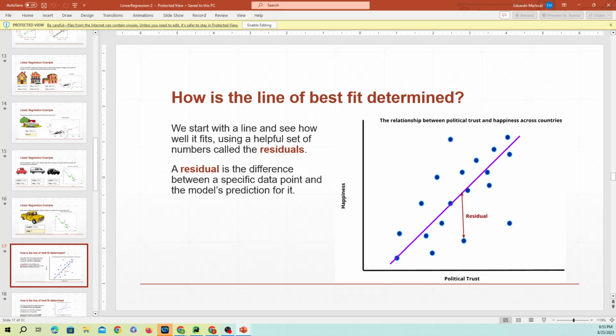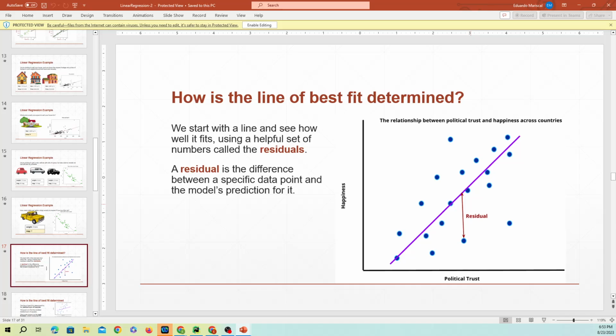So imagine that you have a bunch of data. You're given a lot of points. The first thing it does is draw a random line around the data. Then it starts calculating the residual from every single point to the line.